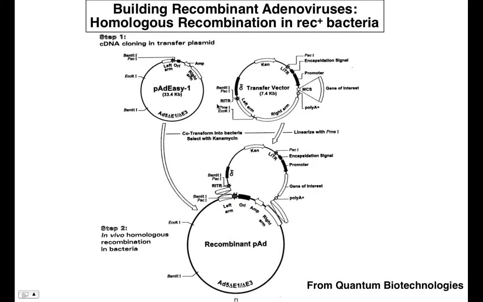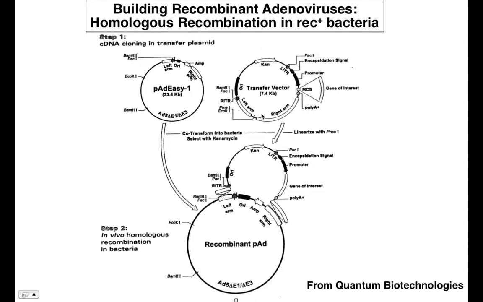Way to build this, you have homologous recombination in rec bacteria. So you have your plasmids, and you have your cutting sites and your gene of interest over on this one.